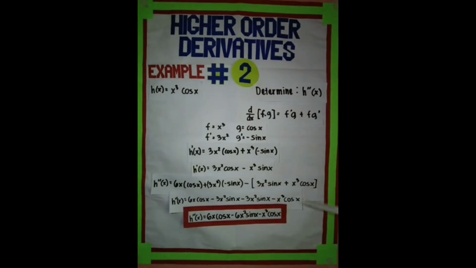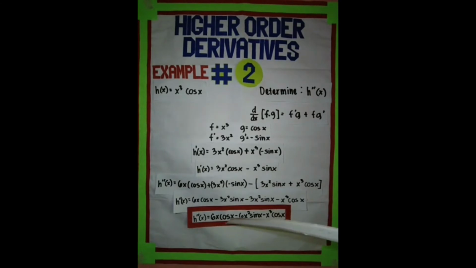After that, let's combine like terms, these two here. So the second higher derivative of this function is 6x cosine x minus 6x squared sine x minus x cubed cosine x.